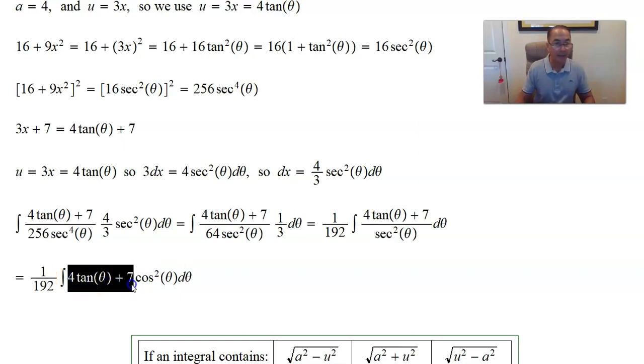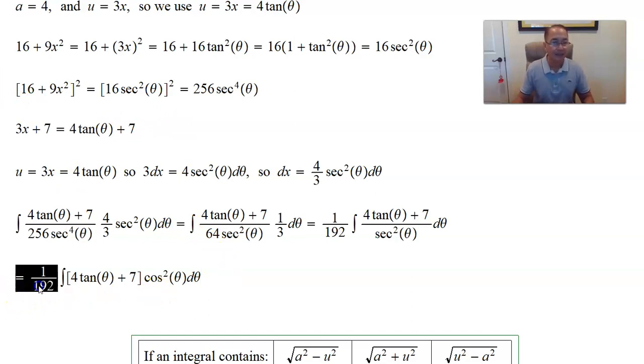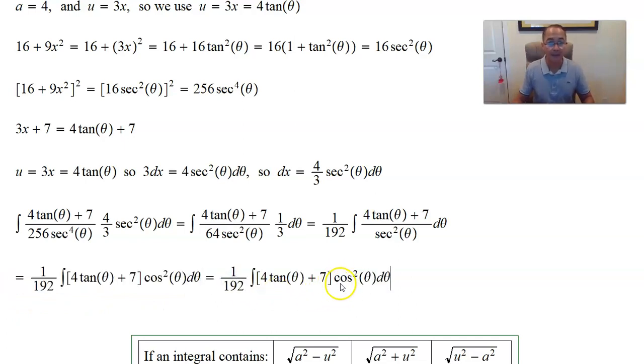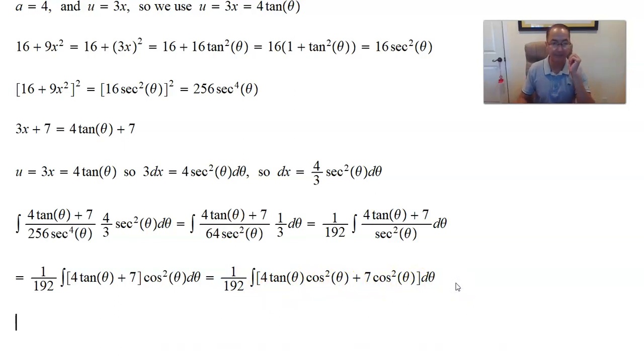We better put brackets here. Okay, this is getting interesting, because we're going to distribute that cosine squared. So we get 4 tangent theta cosine squared theta plus 7 cosine squared theta.